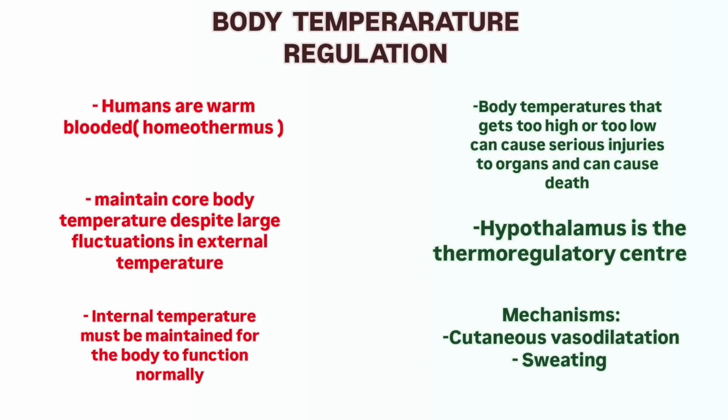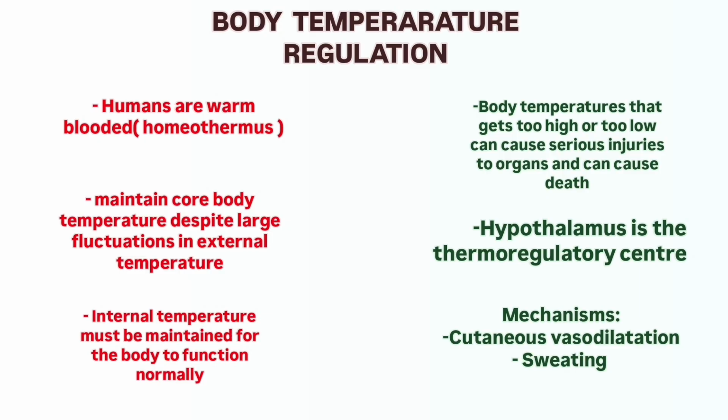Now before we go into the details of heat exhaustion and heat stroke, it is important to know about body temperature regulation. As we all know, humans are warm blooded animals, we are homeotherms. So this means that a core body temperature is maintained despite large fluctuations in external temperature.